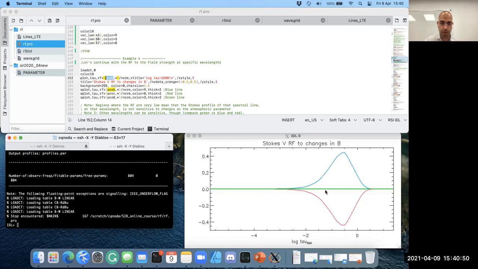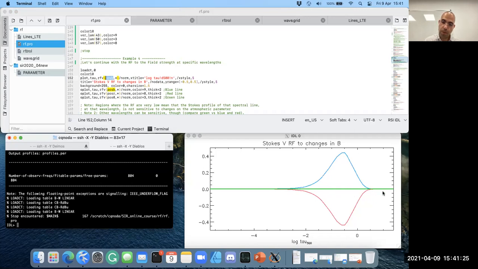So what is this plot saying? It's saying that in this particular atmosphere, the wavelength that we picked as a reference wavelength shows no response to any change in the field strength at any layer, okay? Then if we move to the wing, it's saying that this wavelength that we pick will show a spectral perturbation when we modify the atmosphere between this range, with a peak here.